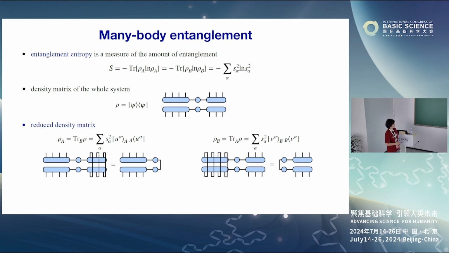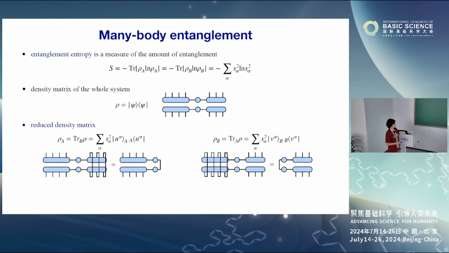Similarly, we can also trace out the A part and obtain the reduced density matrix of the B part. And we can also use this kind of equation to calculate the entanglement entropy. The result is the same, because it is the entanglement entropy between the A part and the B part.